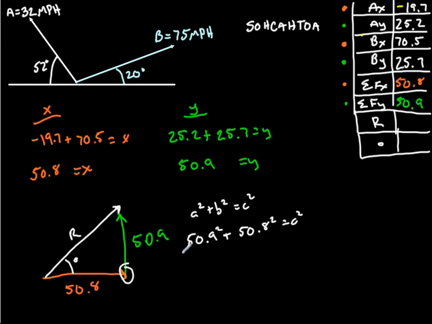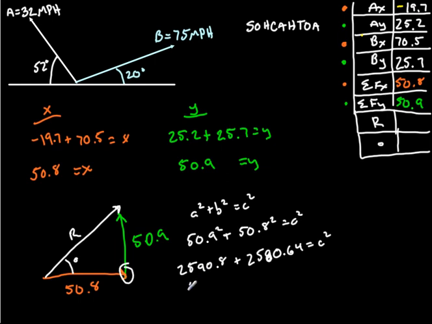So we do 50.9 squared and get about 2590.8, plus 50.8 squared, which is almost the same, and we get 5180.64 for c squared.